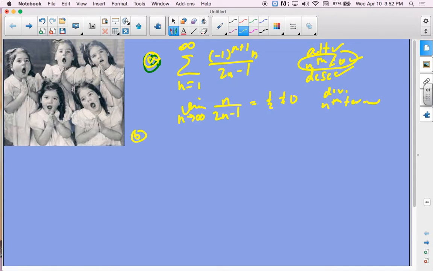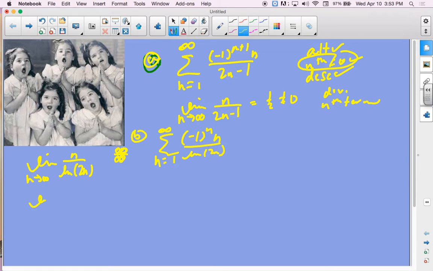B. So we have the sum as n goes from 1 to infinity of (-1)^n over ln of 2n. If I check the nth term, the limit of n over the natural logarithm of 2n as n goes to infinity, I get one of the 7 indeterminate forms, infinity over infinity.